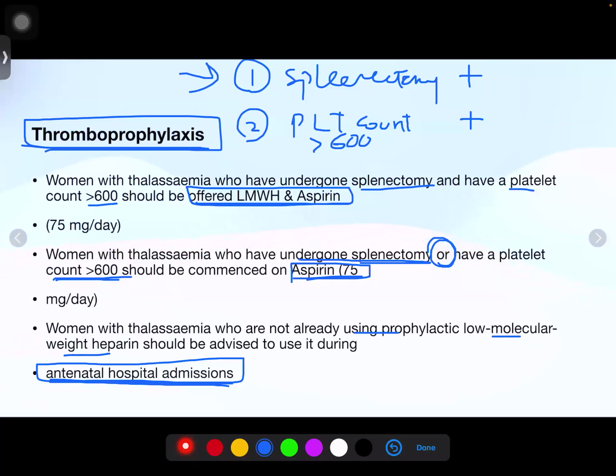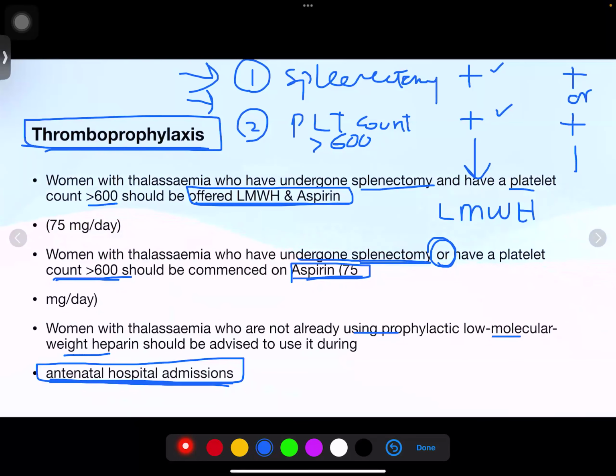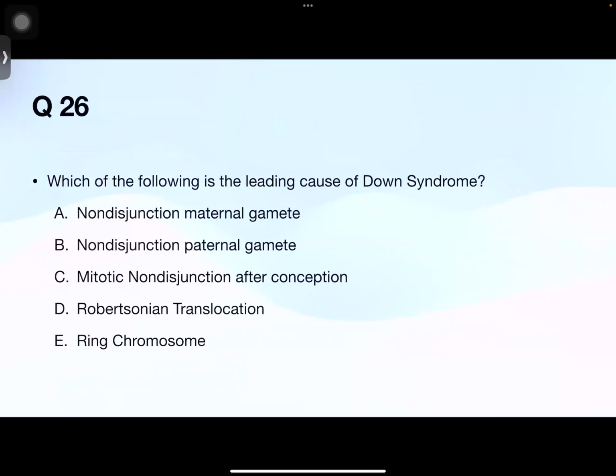But these two things are very important: if the splenectomy is present and the platelet count is more than 600, then go for low molecular weight heparin plus aspirin. If splenectomy or platelet count more than 600, then only aspirin. Okay, so this slide is important for exam.